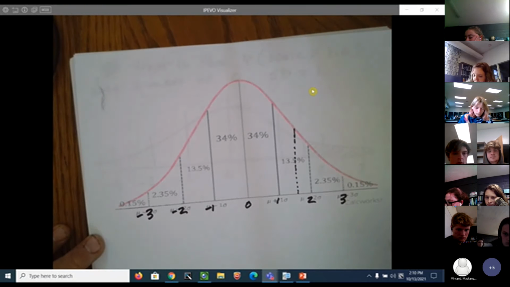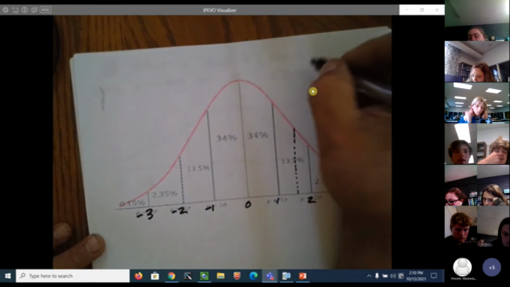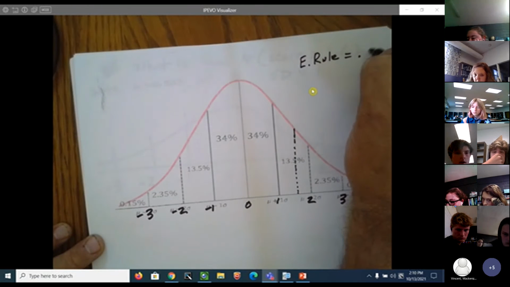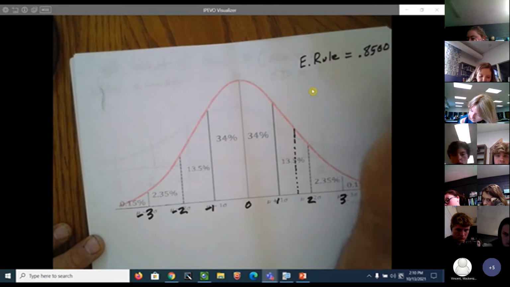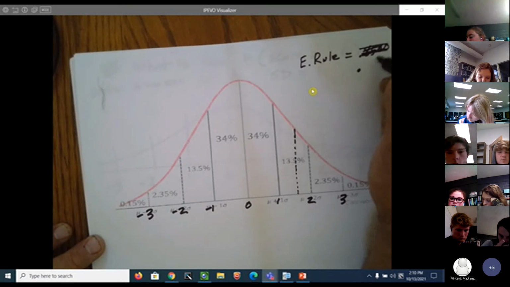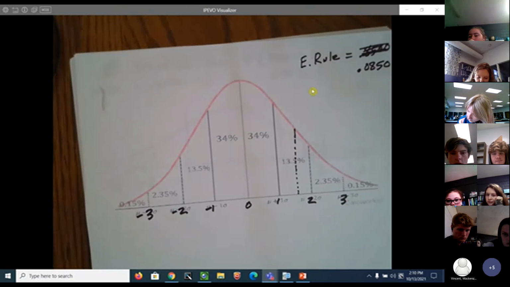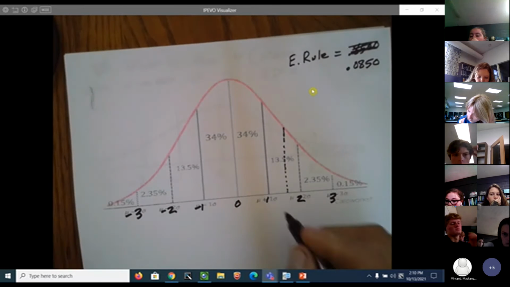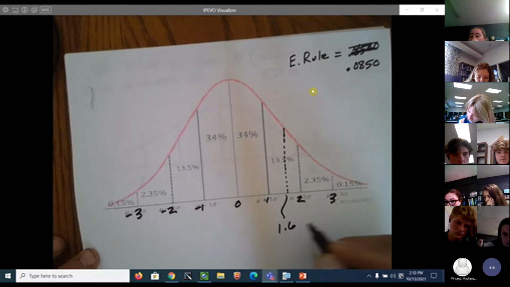So that's 2.5 plus 6, which is going to be like 8.5. So by the empirical rule, I'm thinking around 0.0850, or 8.5%.